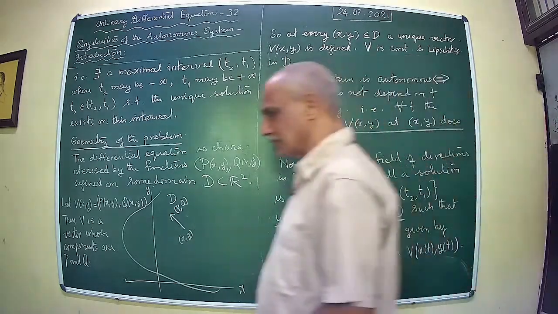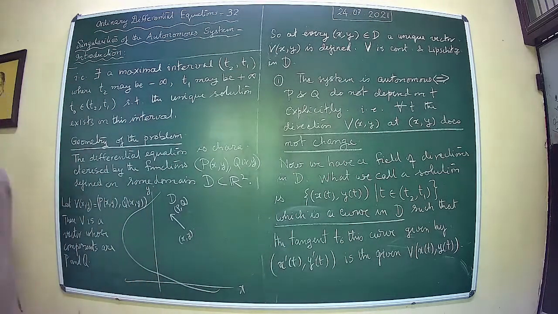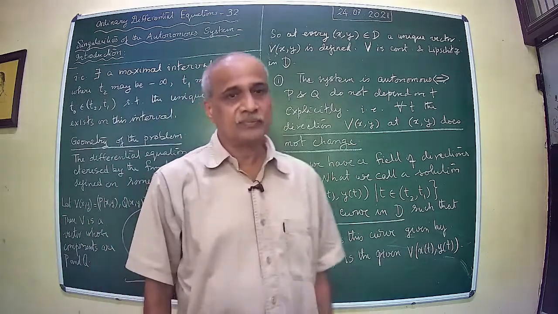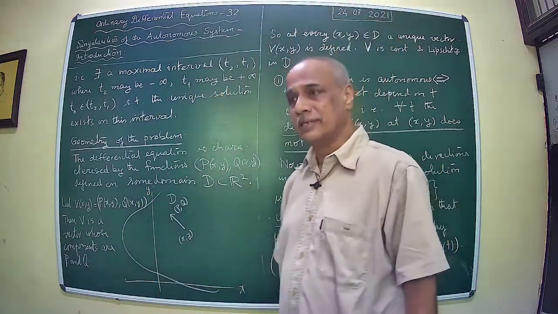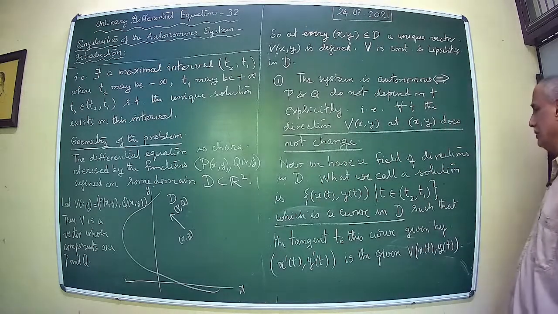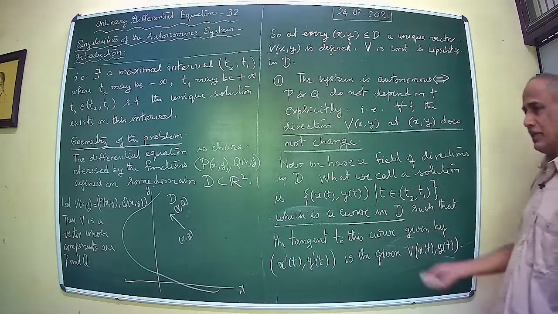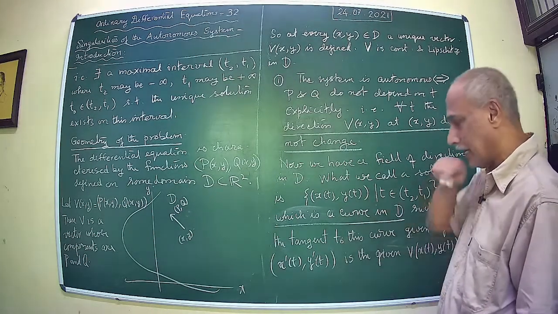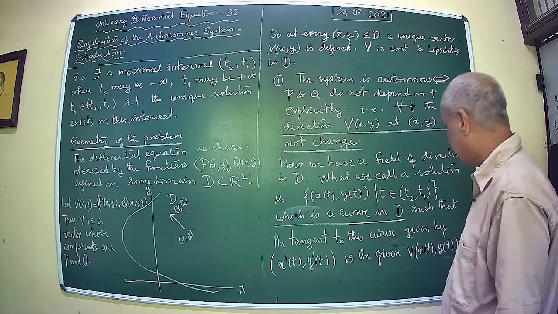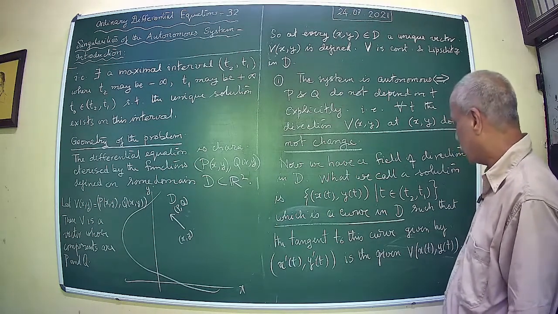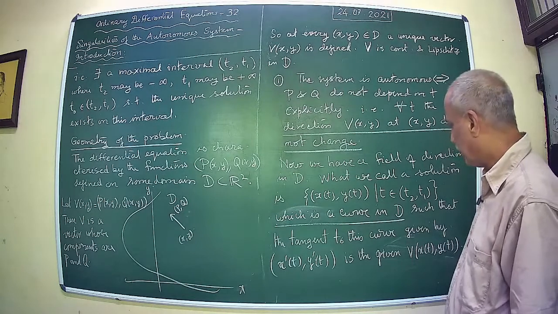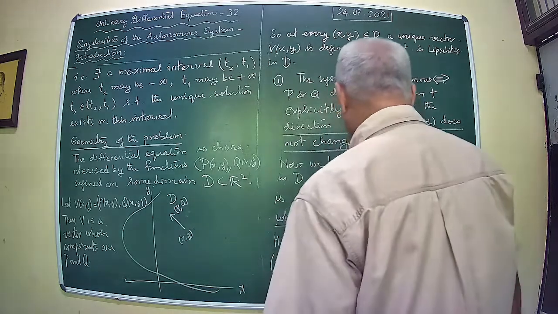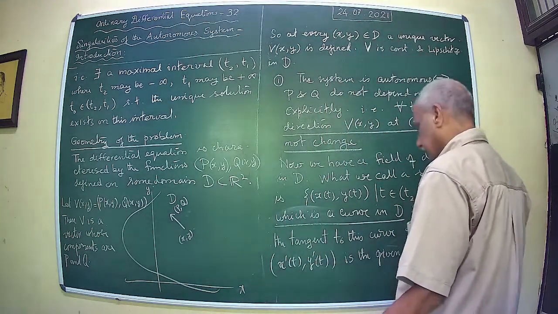And what we assert is that once you fix a point (x0, y0) in D, there exists a t interval, say (t2, t1), which contains the point t0, such that a curve is defined on the interval given by (x(t), y(t)) with the property that the vector (x'(t), y'(t)) is essentially V(x(t), y(t)).